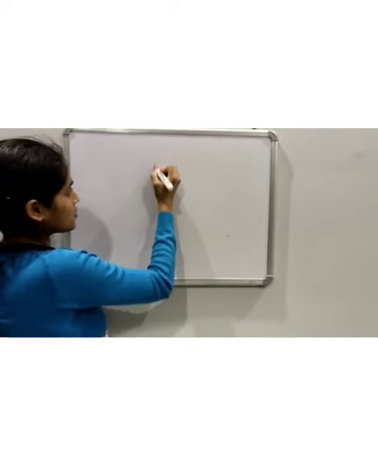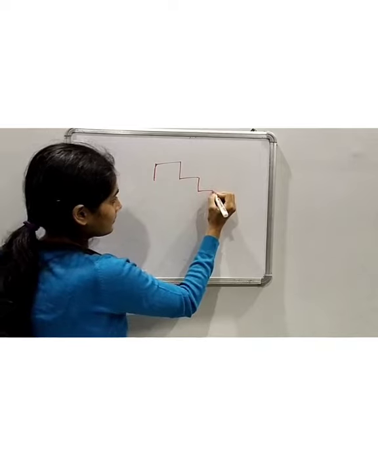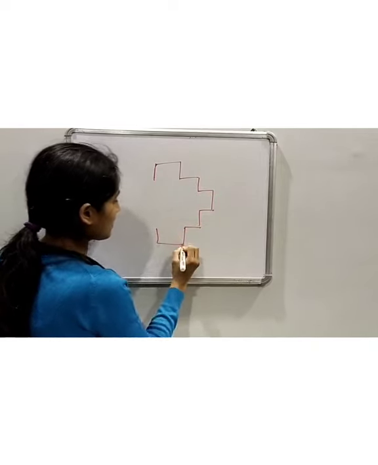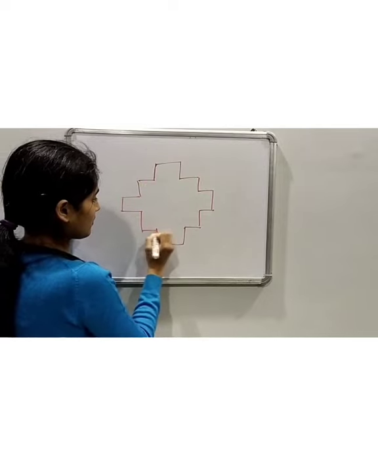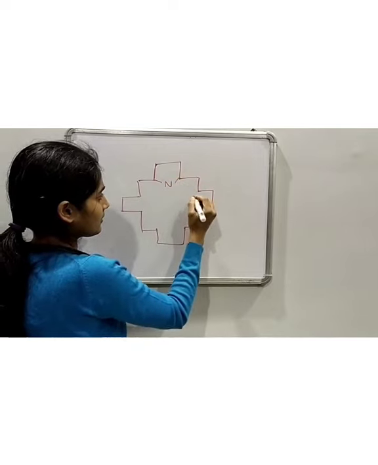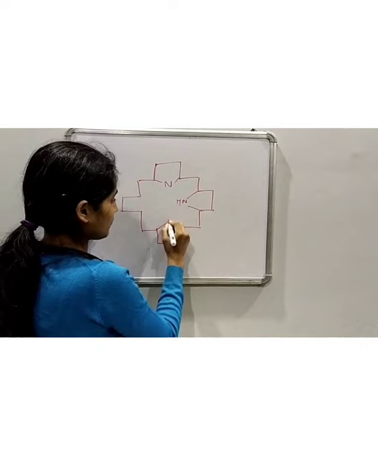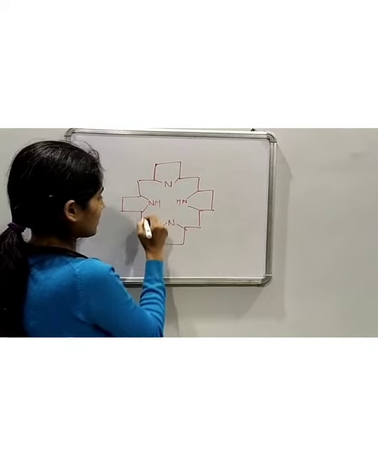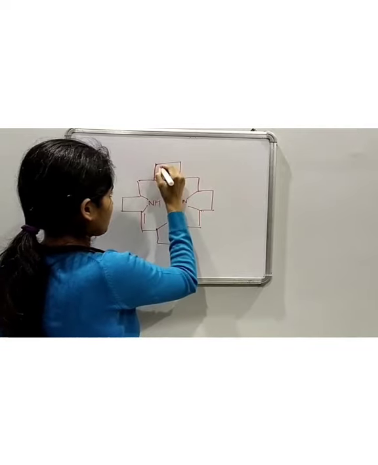So what does the structure of this porphyrin look like? Here we have N, here we have NH, here we have N, here we have NH, and then we have double bonds at various places.